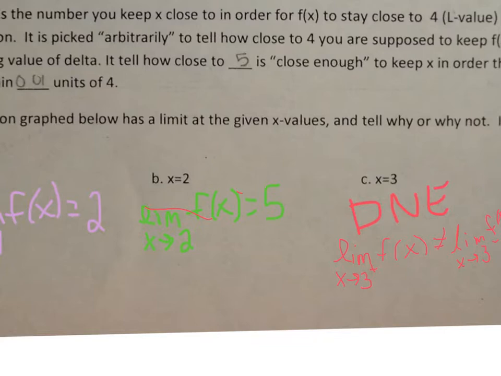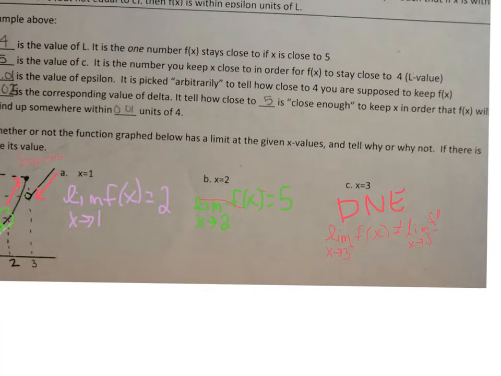Guys, it's really important that you include the f of x next to your limit. Otherwise, it's called a naked limit, okay? We don't like naked limits. You need to make sure that you write f of x here. It's really, really important. You need to include your f of x.